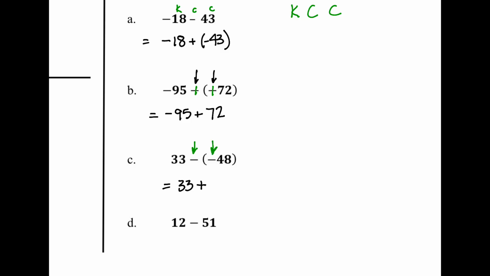So we're going to add a positive. Last one, keep the 12, change the negative, and change the positive. So the negative is now an add, and the positive 51 is now negative 51.